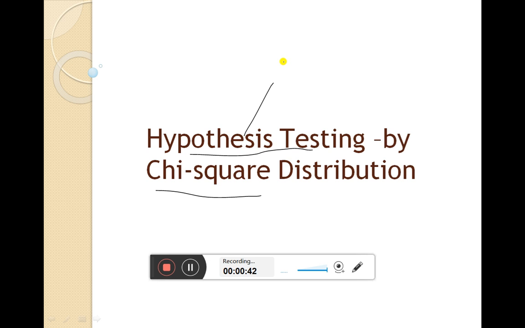In the first initial lecture, I explained hypothesis testification through Z distribution, or simply normal distribution. Now today we are going to discuss the next, that is chi-square distribution.